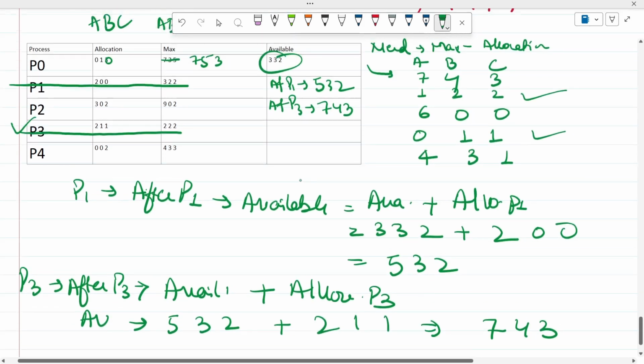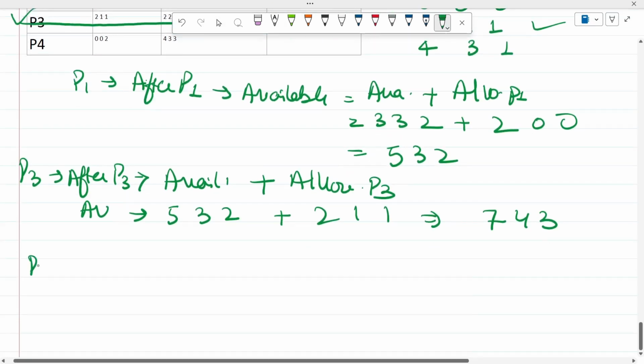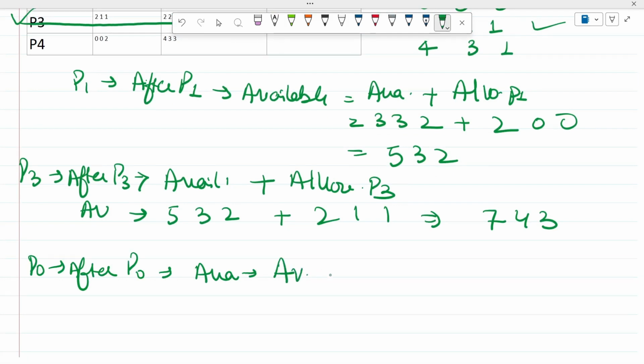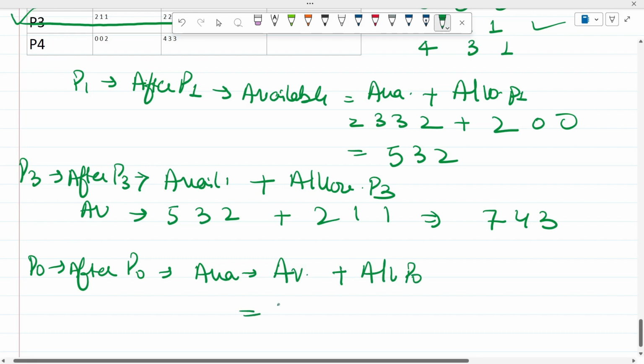So let's do that. After that, let's say we go with P0. After P0, what is the available? Currently available plus the allocated of P0. Currently available we have 743.